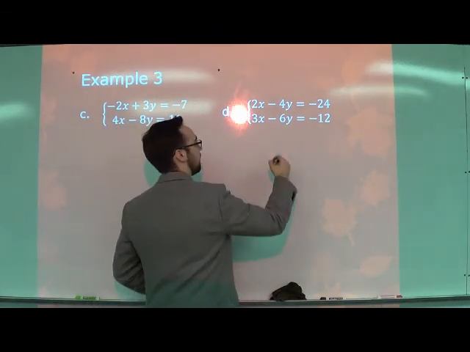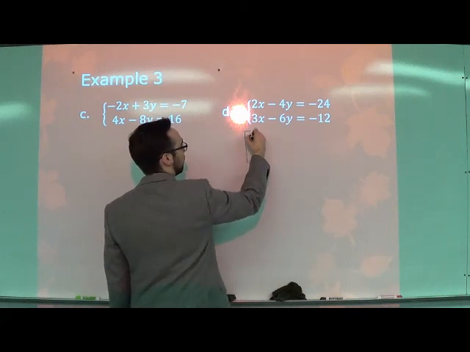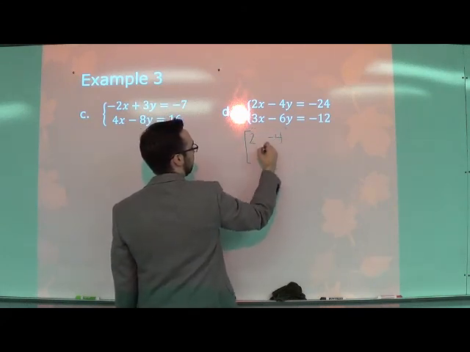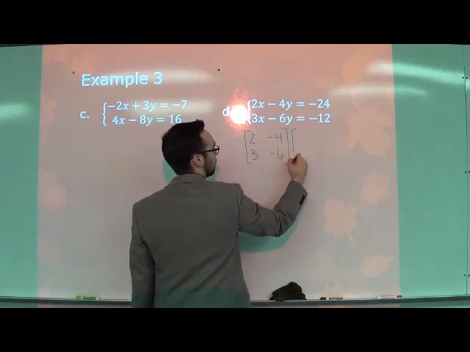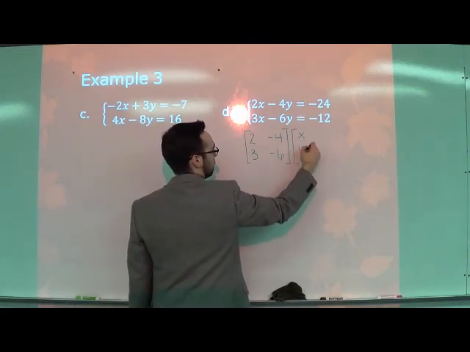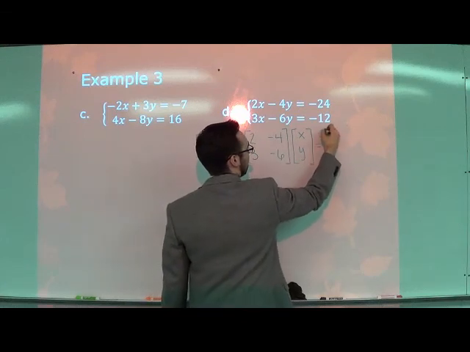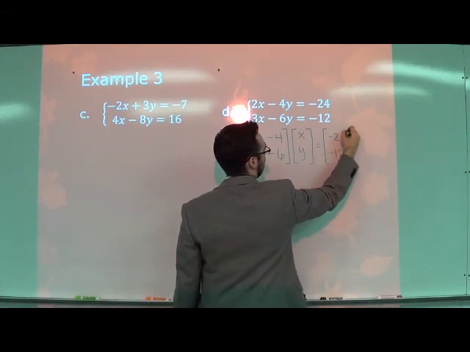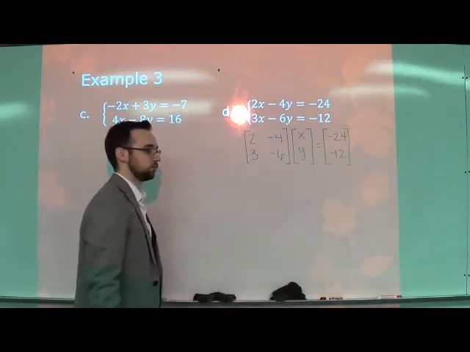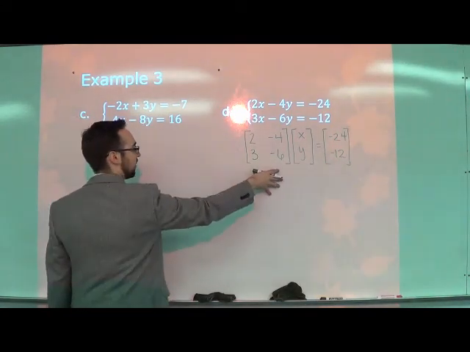So again, let's start by writing the equation. 2, negative 4, 3, negative 6 times x and y is equal to negative 24, minus 12. Find the inverse of this.